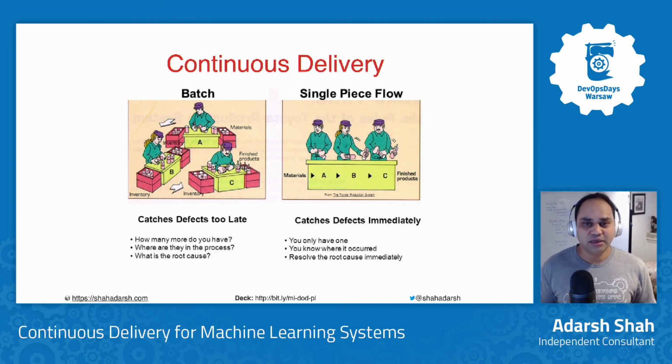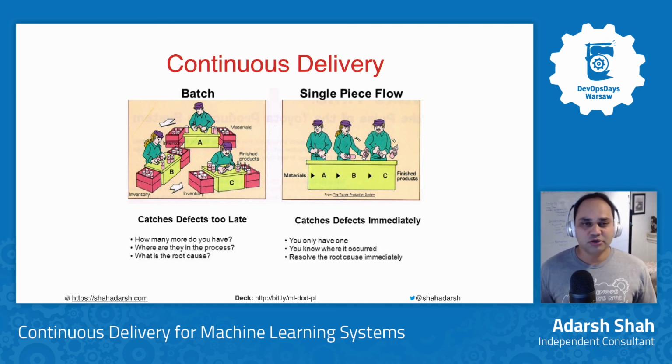On the right, you can see it's a single piece flow. You take one thing to a finished product, and you find the root cause right away. If you're integrating piece one with piece two, right away you know if they don't fit together. So single piece flow is basically continuous delivery.